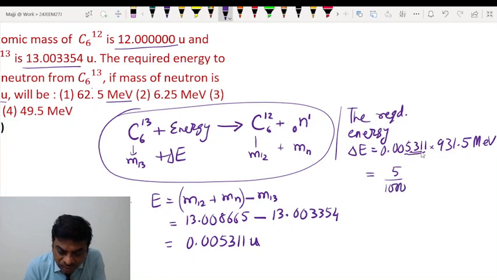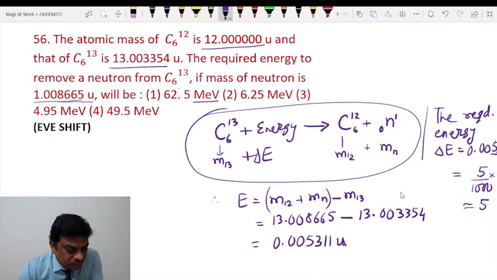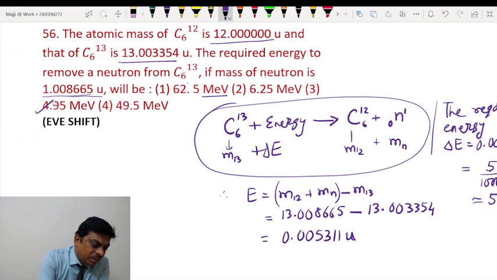It is slightly more than 5, but I am taking 5 only. I have decreased here, and here I will be increasing, I will take this as 1000. So roughly it should be close to 5. Any figure which is close to 5 should be our answer.